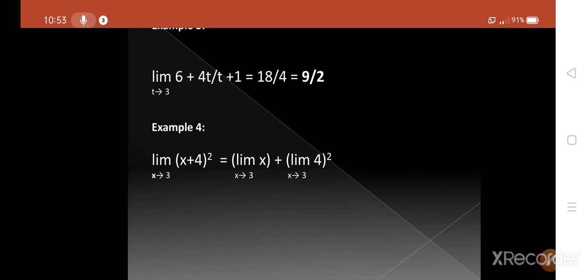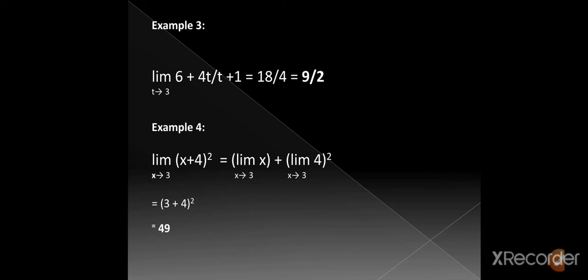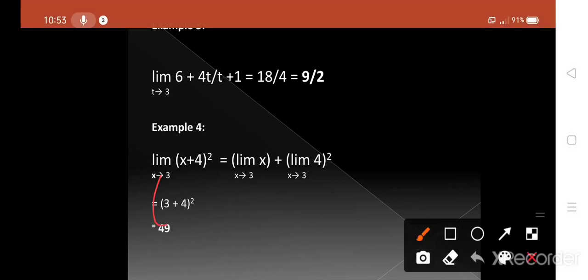So example number 4. The limit as x approaches 3 of the function x plus 4 squared equals the limit as x approaches 3, so our value of x is 3, then plus the limit as x approaches 3 of the function 4 squared, so copy 4 squared.